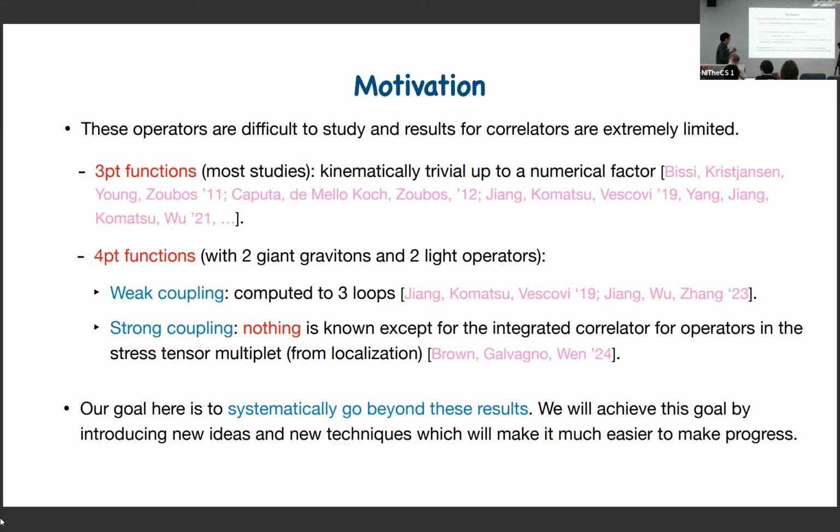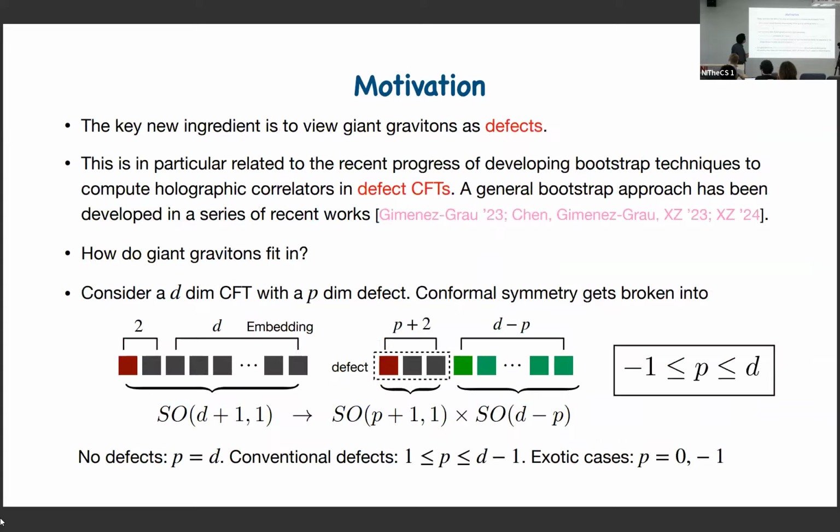We will do this by introducing some new techniques as well as new ideas. The most important ingredient for making this progress is to view giant graviton operators as defects.